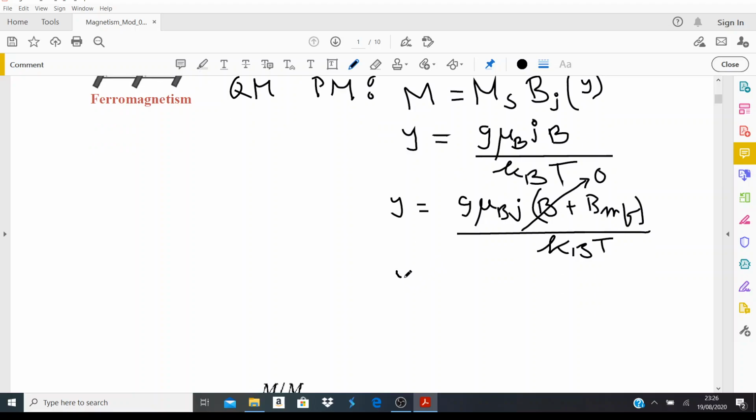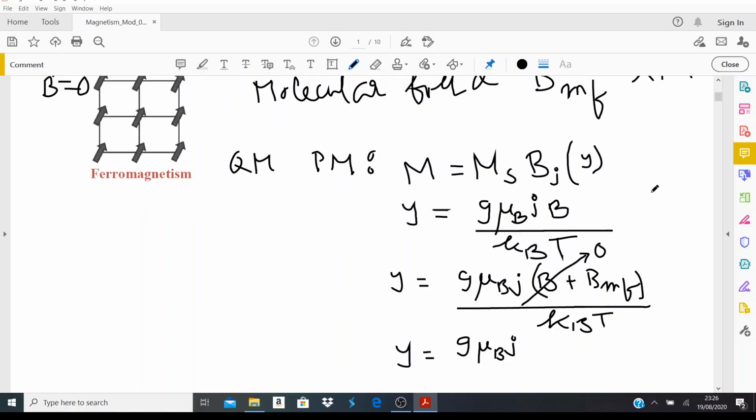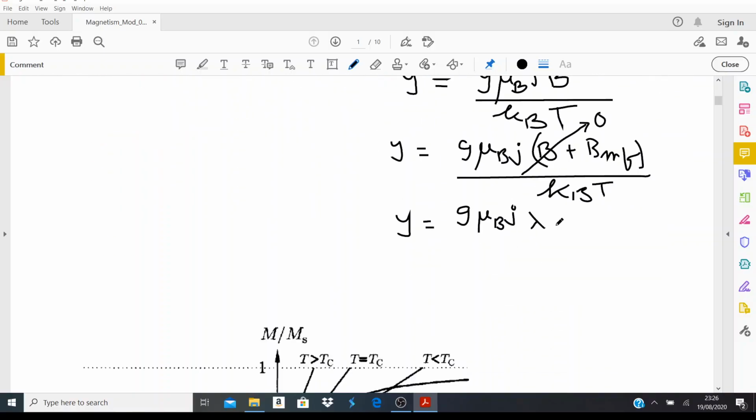So now your y has the form g mu_B J BMF over kBT. What is BMF? It's lambda times the magnetization. So that's our expression for y, right?